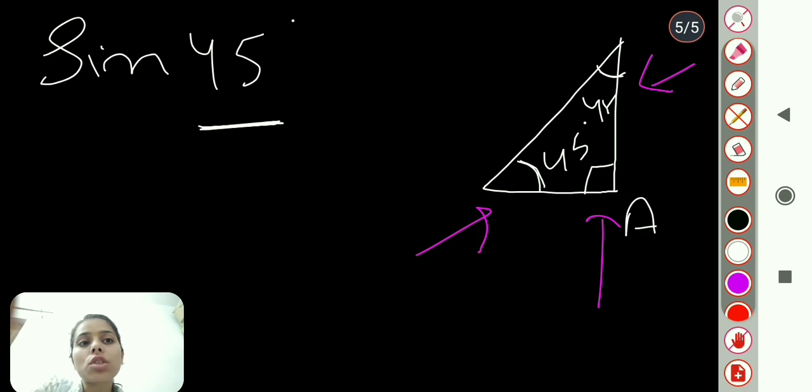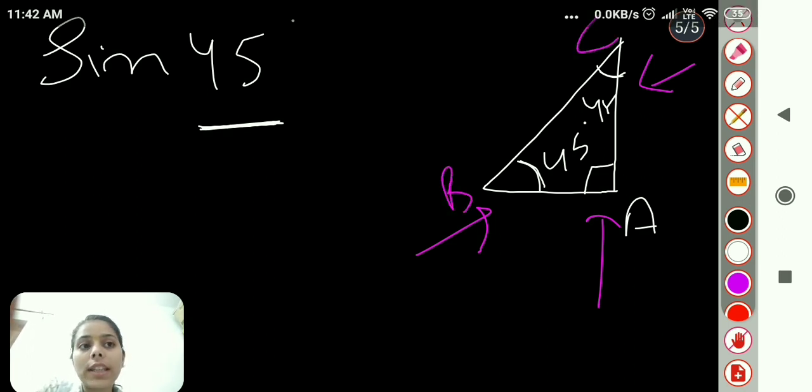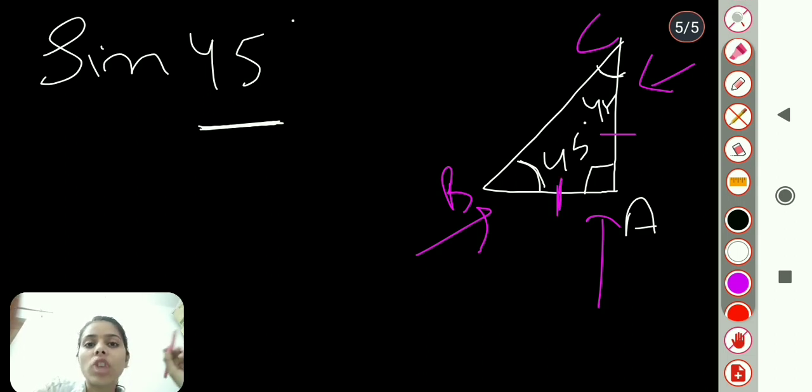And if these two angles B and C are equal, then these sides will also be equal. We have learned this in chapter 6 of triangles, right? If angle B and C are equal, the side AC and BA will also be equal.